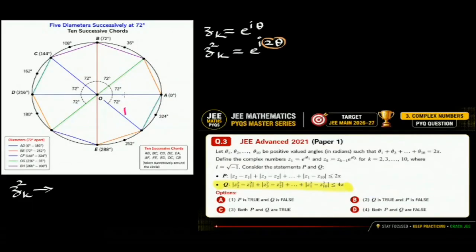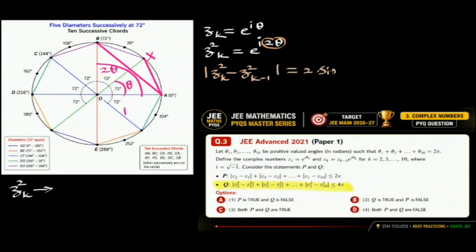So the angle which was theta previously has become 2 theta now, and the chord length which was AX previously has now become AB, twice as much. Now mod zk squared minus z(k minus 1) squared equals 2 sin theta k. Hence Q will be 2 summation k equals 1 to 10 of sin theta k.